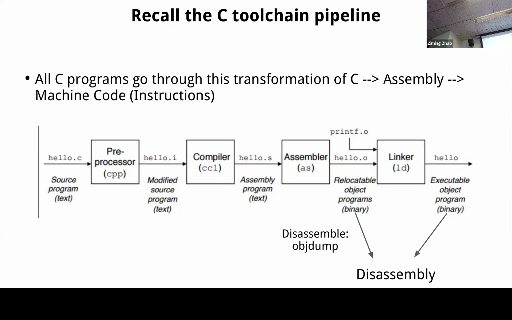To understand what instructions those raw bytes are, we can use tools like objdump. With this tool, we get something we call a disassembly. This is not the assembly we had before, it is different, but they are similar. They have all those instructions in human-readable representation.